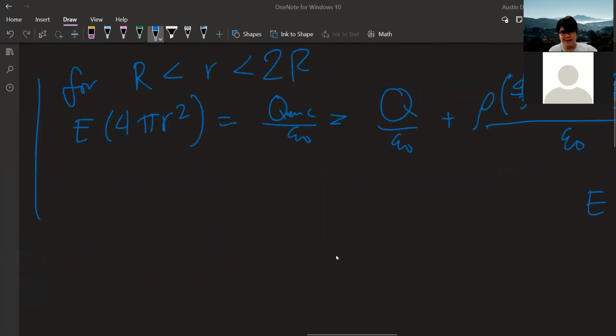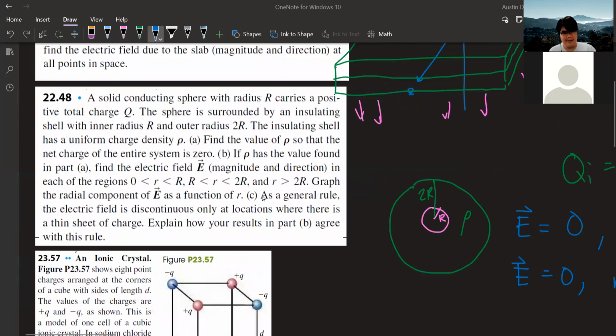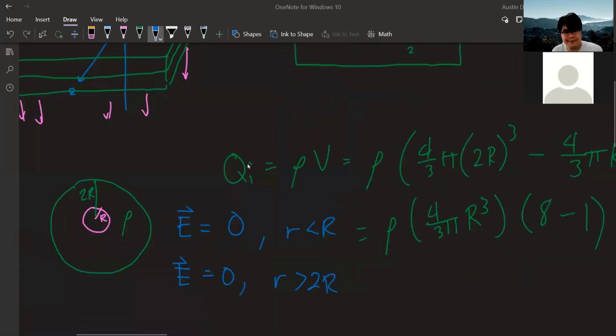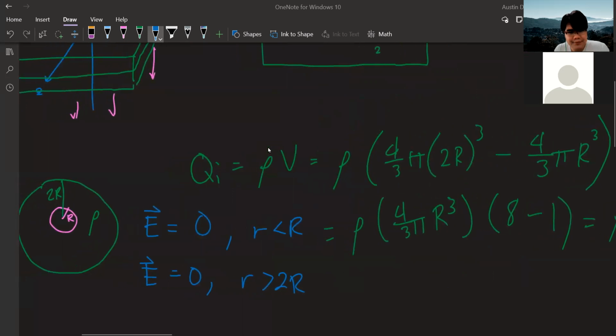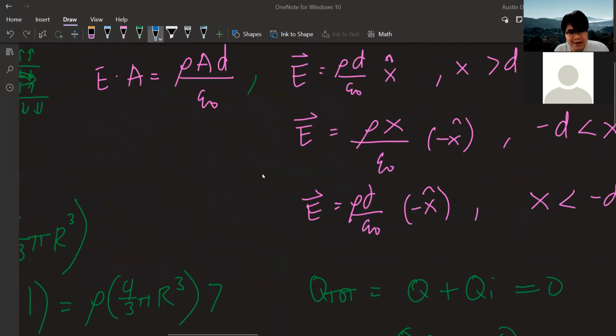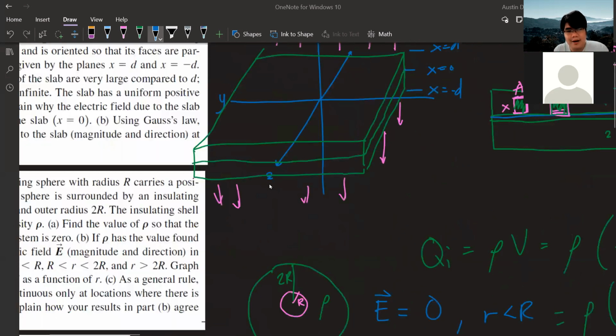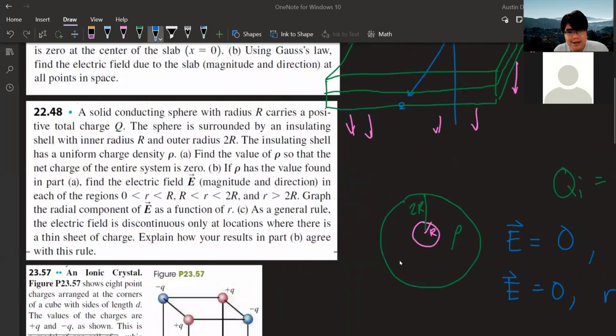Okay, I guess that's it for that question. And then letter C: as a general rule, the electric field is discontinuous only at locations where there is a thin sheet of charge. Explain how your results in part B agree with this rule. Look at where we have a sheet of charge.